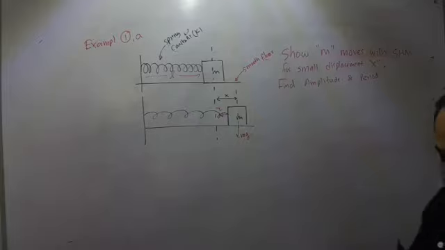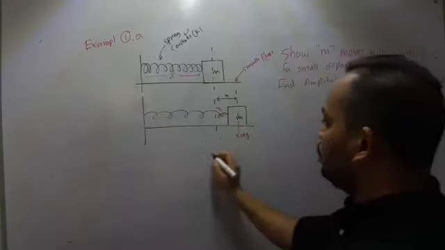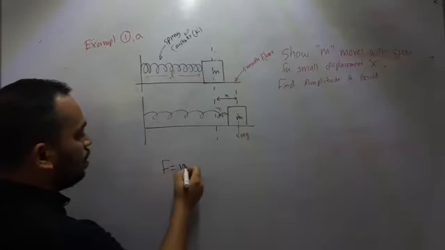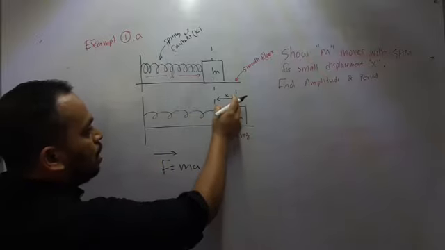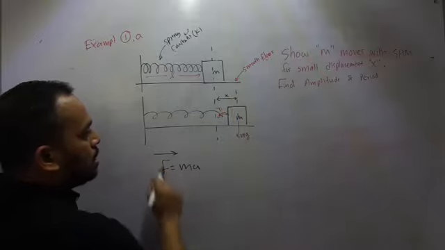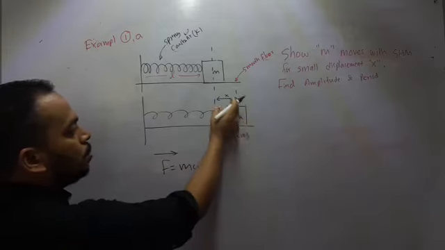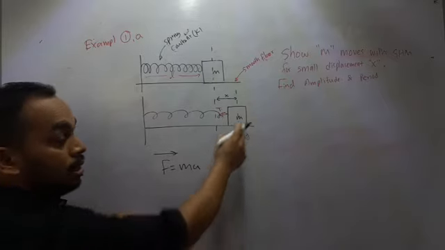Now let's put F equal ma. If it is at a displacement x, we're going to displace this mass by a small amount x, then release it.